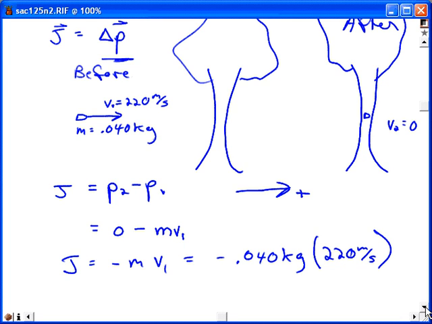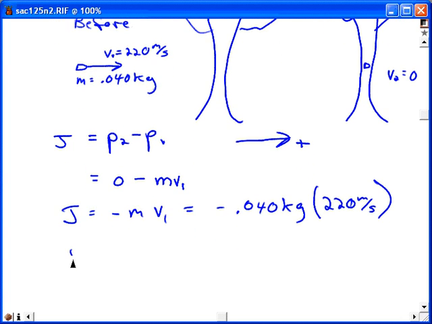We've got an ambiguous situation here, a whole number ending in a 0. So J, in our convention, is just minus 8.8 kilogram meters per second, which is equivalent to a Newton second.